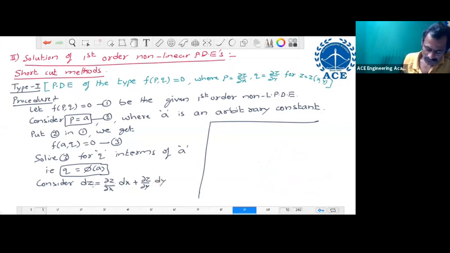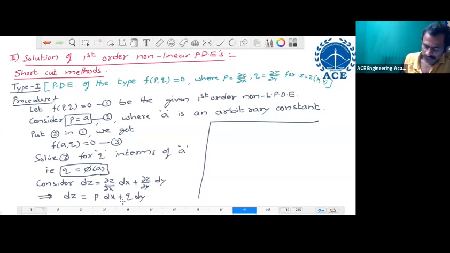To get z, we integrate both sides. In short form, dz equal to p dx plus q dy. We already know p and q.